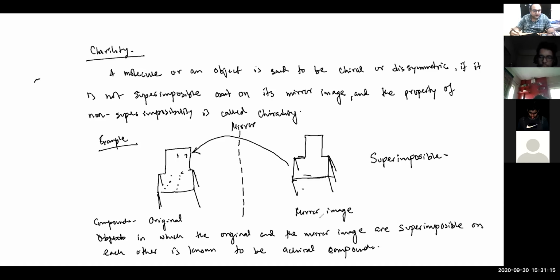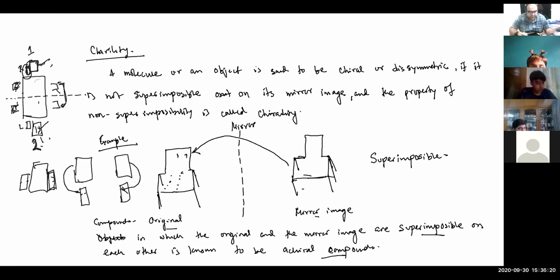The mirror image is exactly the same as the original one. We call it superimposable, and they're achiral compounds. Are we done writing this? Yes, sir.